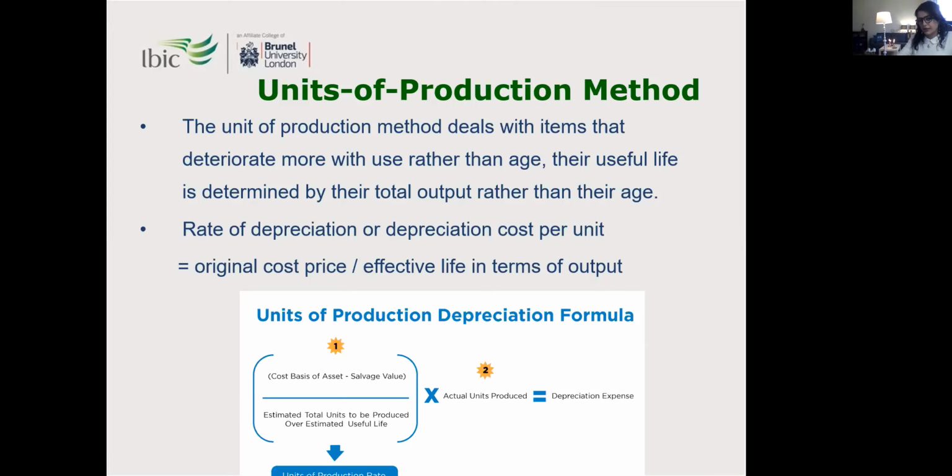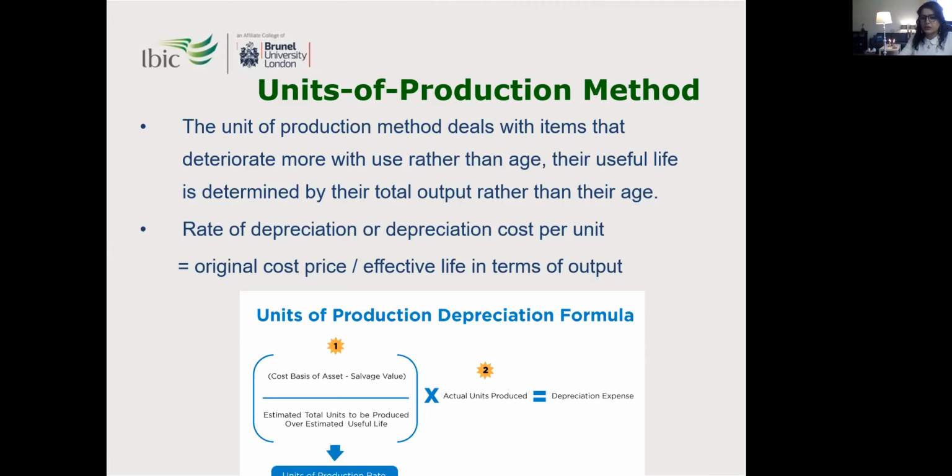Unit of production. The unit of production methodology is for calculating depreciation, and is going to be used during the useful life of each particular object, and is determined by the total output rather than their age.